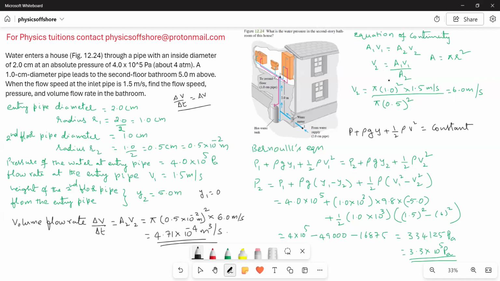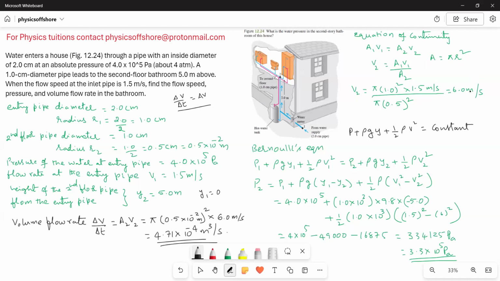Using these, I can find out the velocity of the water at the second floor. Am I right? So when the flow speed at the inlet pipe is 1.5 meters per second, at the second floor bathroom, it is 6 meters per second.